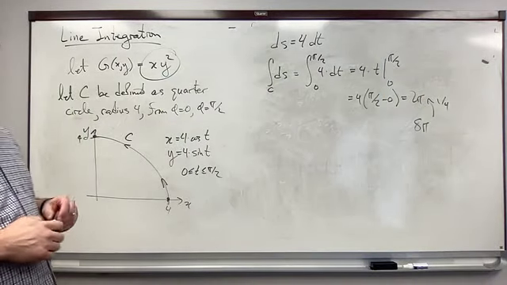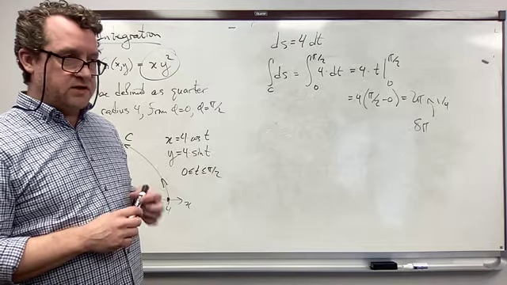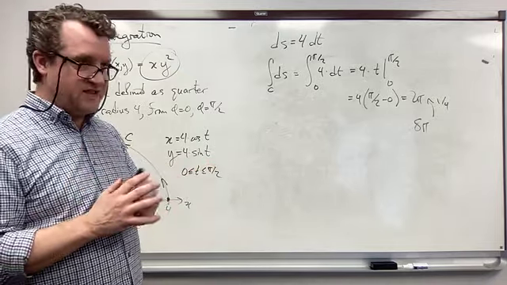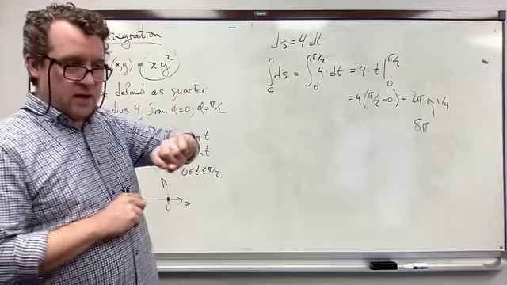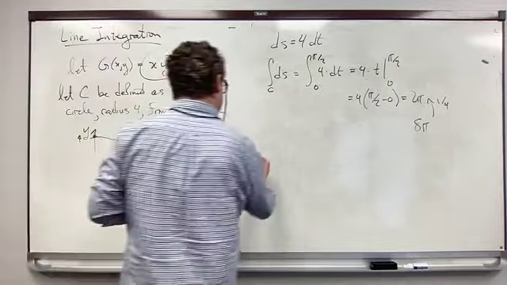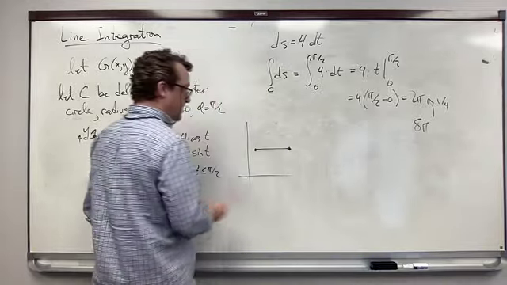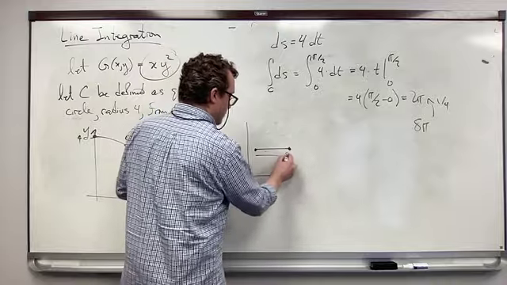Okay? The reason we're saying that is we don't want to lose track of what the physical definition of ds is, right? It's path, it's called arc length. So when we have a line, and I'm going from here to here, and I just integrate dx, I know it's the length of this line.